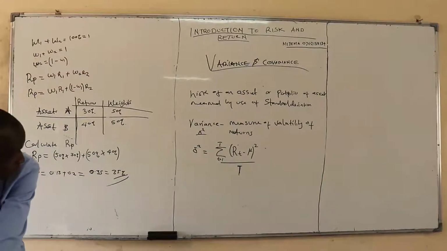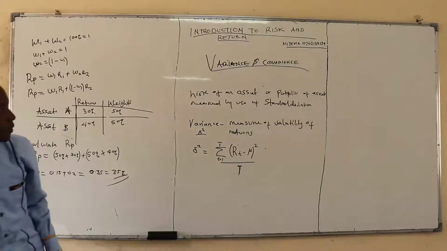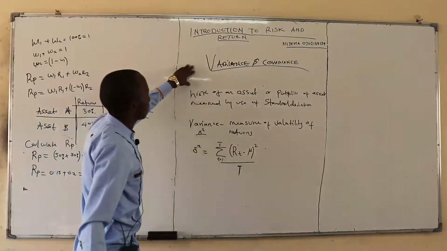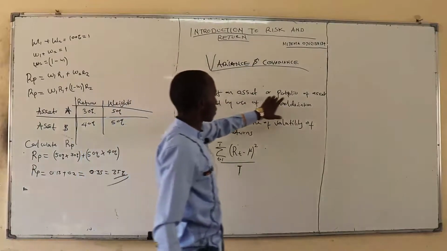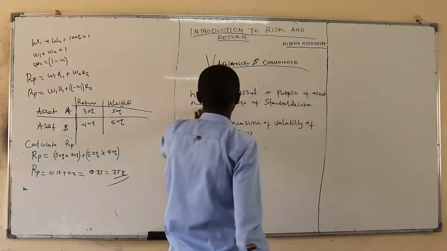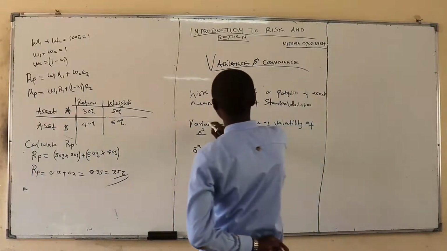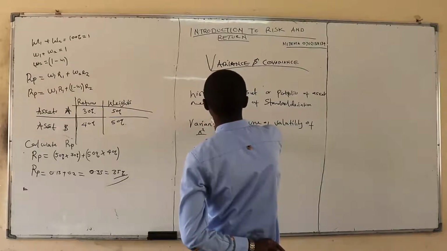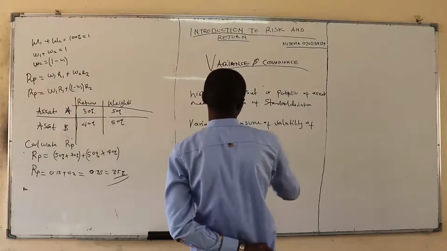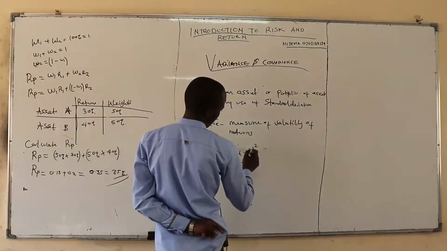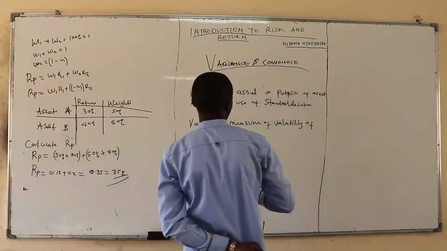So by doing this, you find the variance. But now you are interested in the standard deviation, because we say that the risk of an asset or a portfolio of assets is measured by use of standard deviation. Variance is a squared deviation from the mean. That's why you have the return minus the mean.